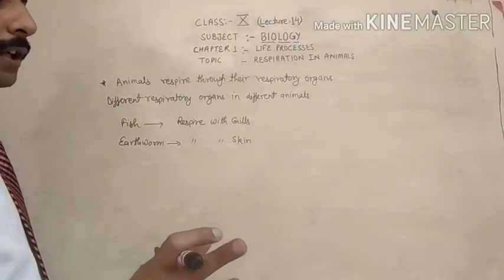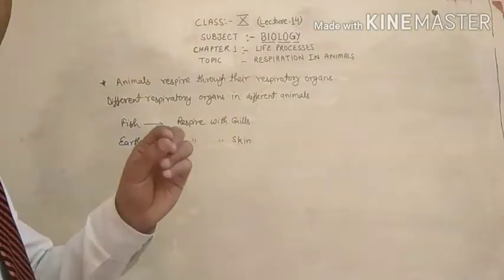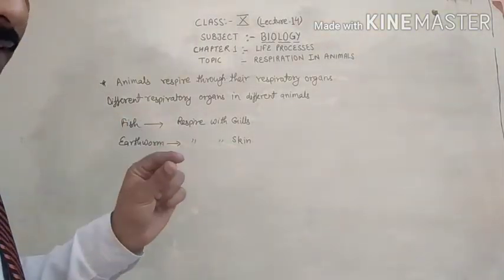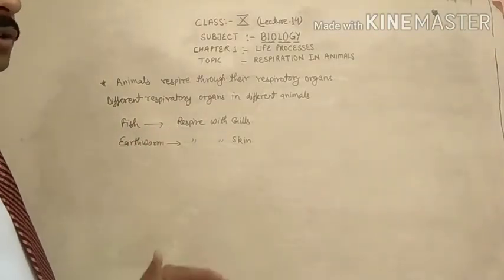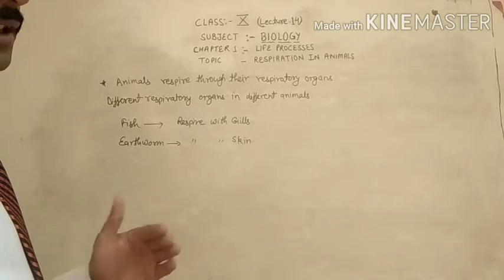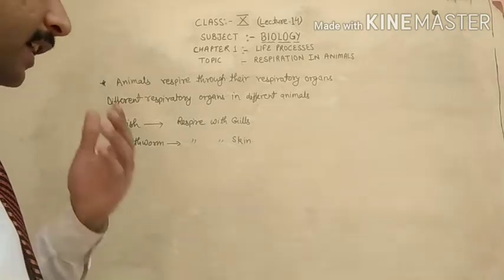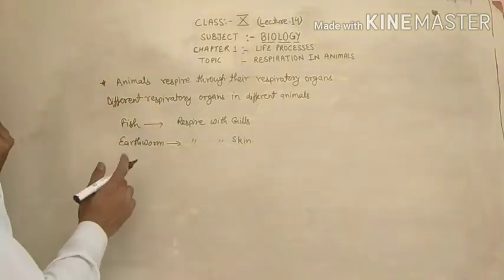The skin of the earthworm is very thin, so due to the presence of the thin membrane they can easily respire through their skin, meaning they can exchange their gases with the help of skin.